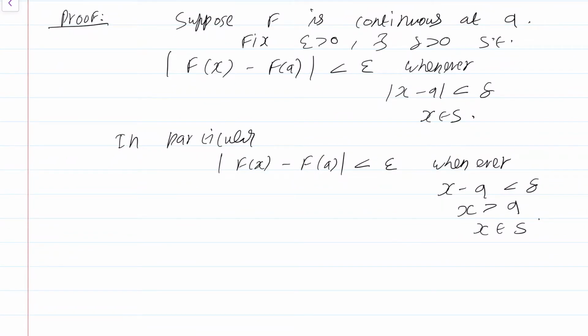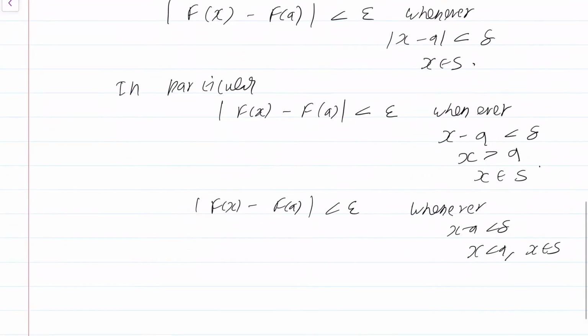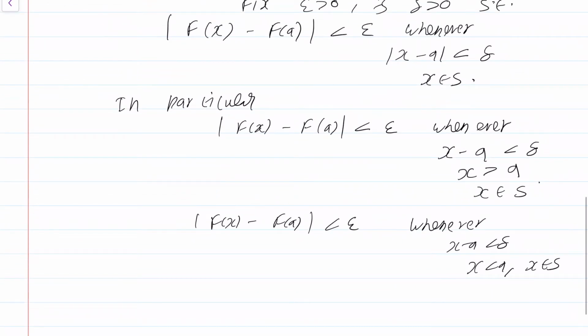I'm just looking at those points x which lie to the right of a by declaring that x is greater than a. In particular, this is true, and so is the fact that mod f of x minus f of a is less than epsilon whenever mod x minus a is less than delta and x less than a, x in S. This is also true. Both will have to be true if you want the previous statement mod f of x minus f of a less than epsilon whenever mod x minus a less than delta and x in S, right?